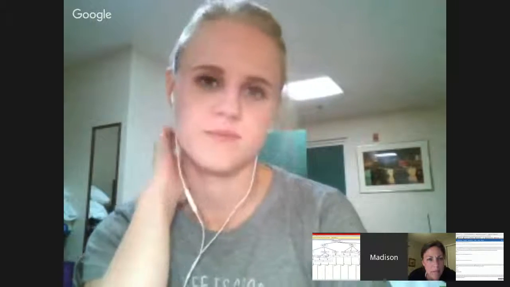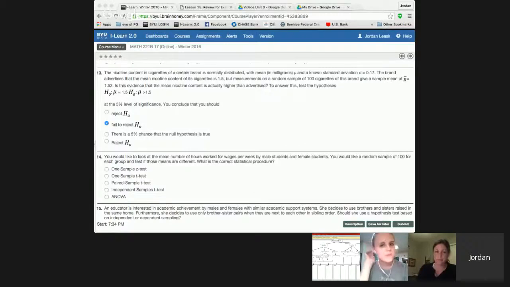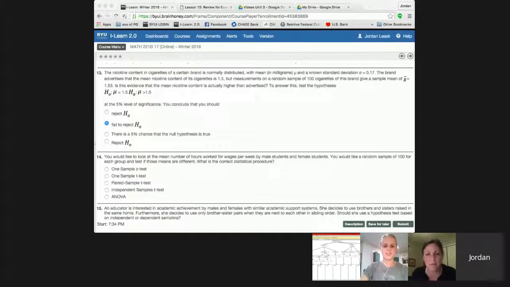Gotcha. So this is an easy way for you guys to view this, where you can just trace it down. I don't know if you guys have this chart. Do you guys have it? They only give those to people who actually go to campus. I've seen it somewhere.